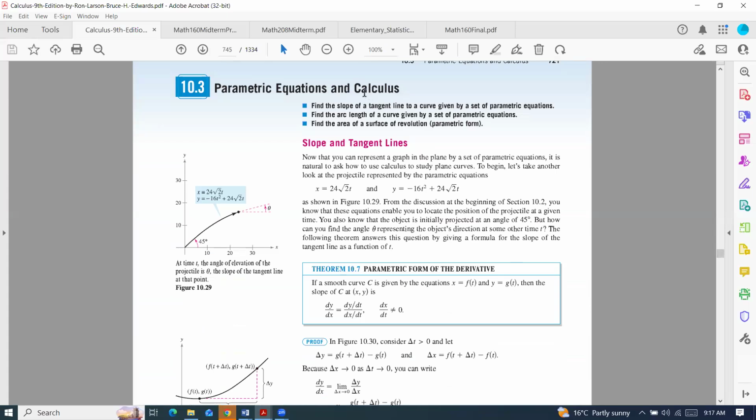So the parametric equations that we just started to look at could also be differentiated. It turns out that the derivative can be treated as if you divide the two, y prime by x prime.